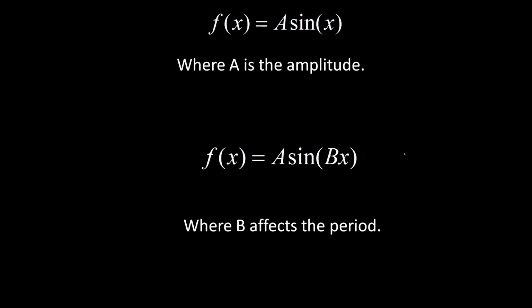Now remember, the period is the length of that interval that gets repeated. If we multiply x by some number, that will change the period. That will change the length of the interval that gets repeated. So let's check that out.